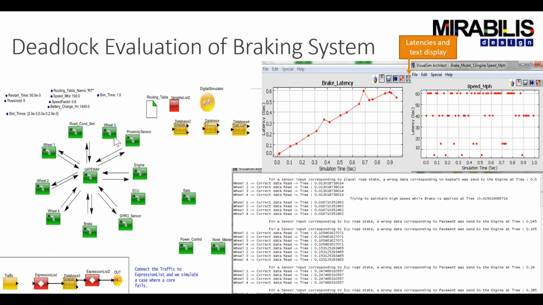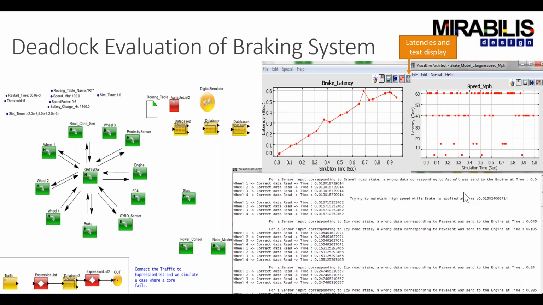Outside of this automated autonomous driving process, there's also the braking, which would be a manual intervention by the user. In this design, based on the road condition, the acceleration and deceleration would change. We're looking at cases, for example, where we had a gravel road, but the sensor sent in the wrong data, which was related to asphalt.